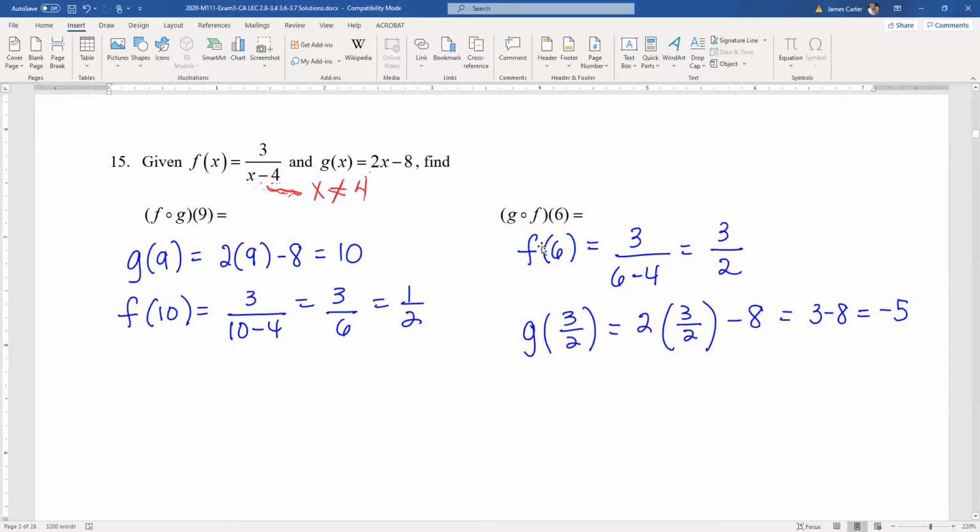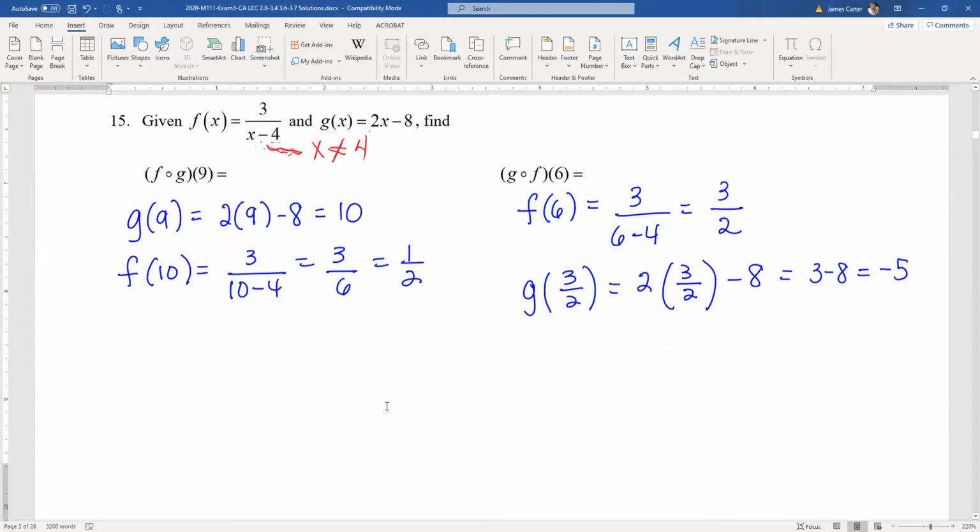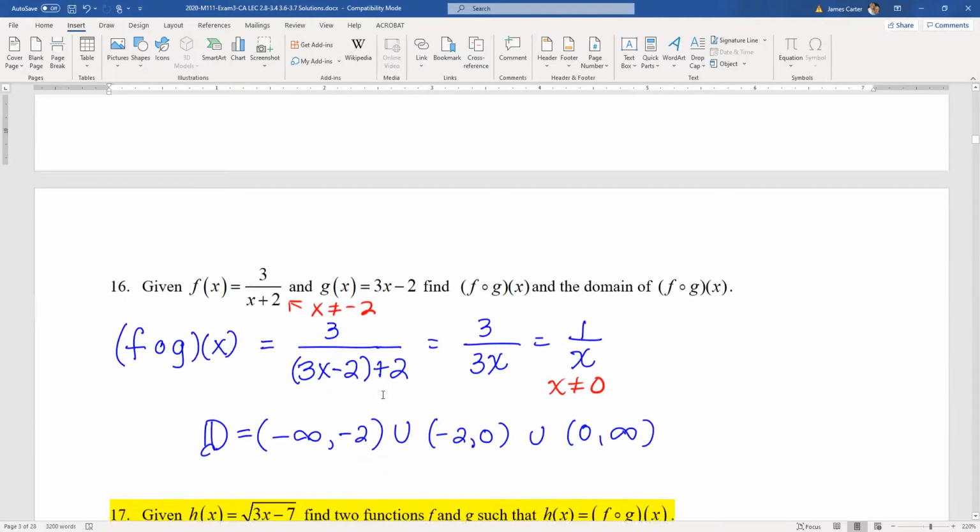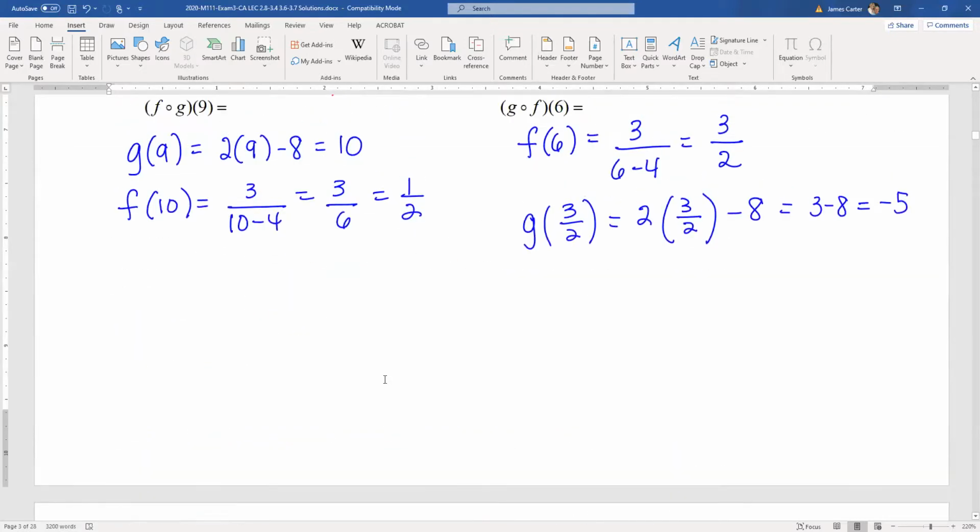Then I take f of 6 and put it into g of x. So here I replace this x with a 3/2. I simplify, and I get -5. Better leave that there just another moment.